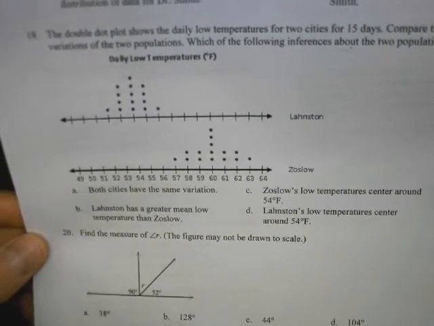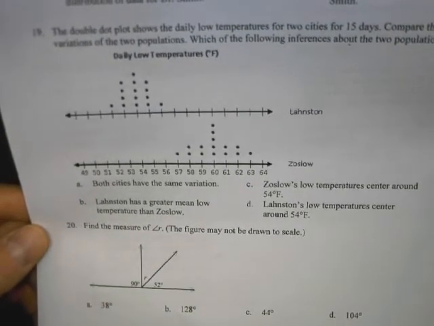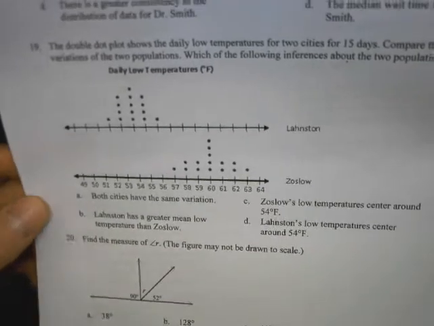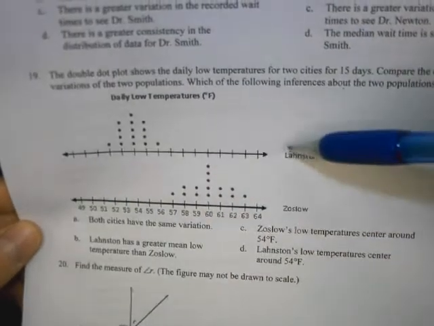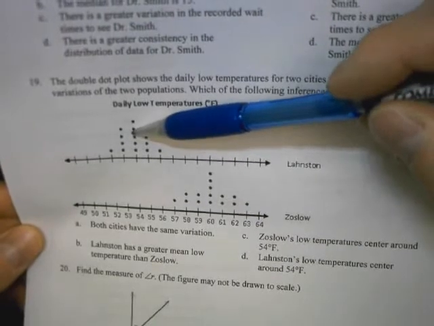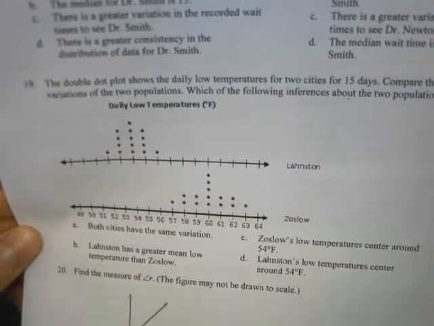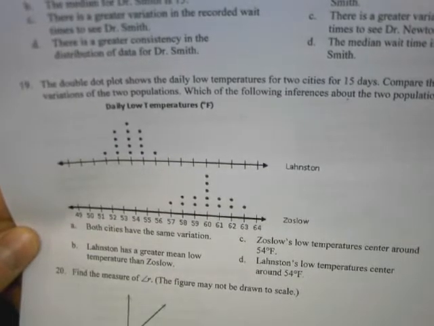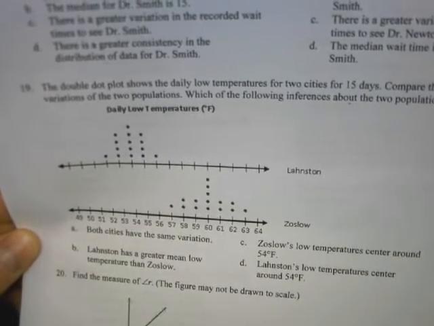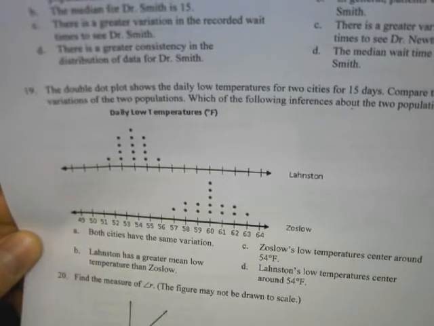It says both cities have the same variation. Okay, well, if I look at the highs and the lows for Lanston and the high and the low for Zaslow, I would see that those are not the same. Okay, so that didn't work.